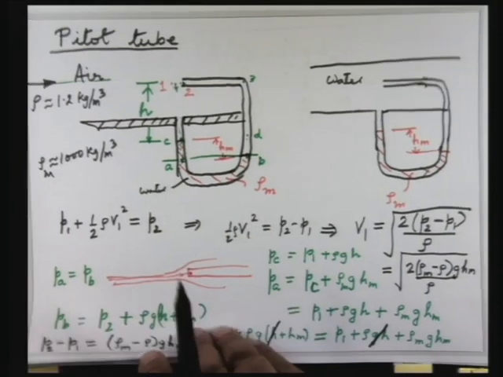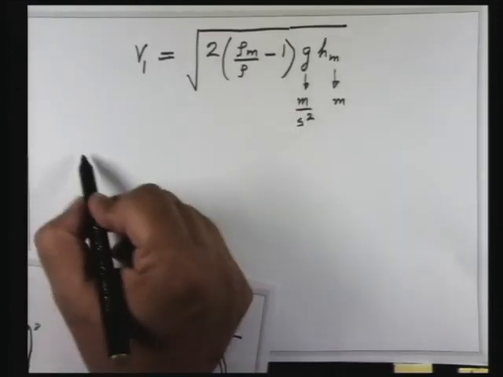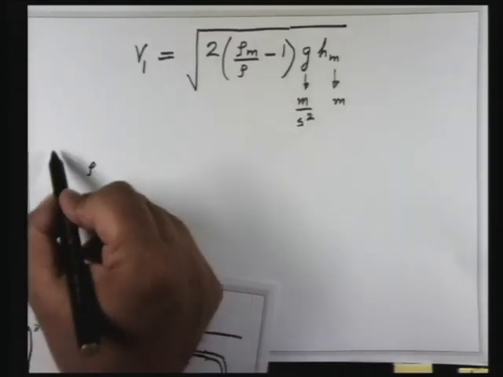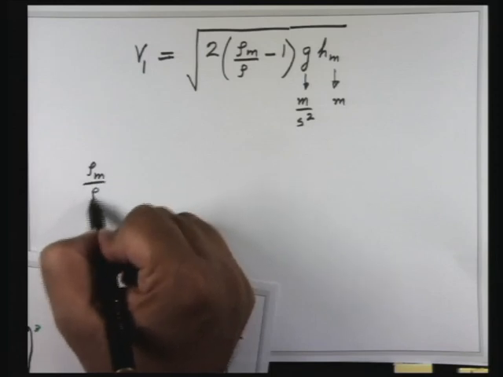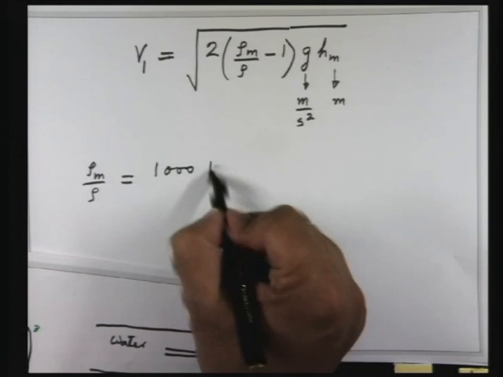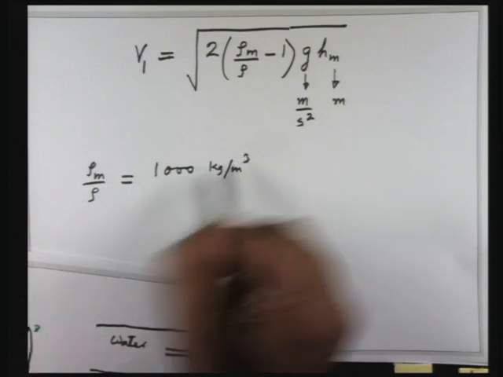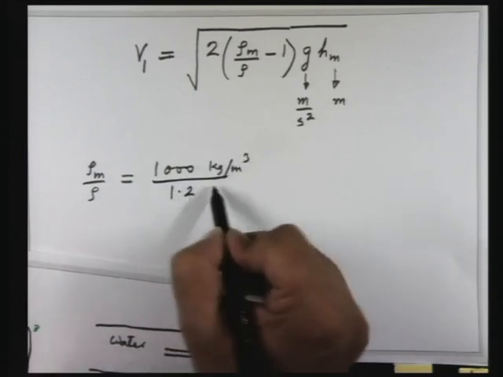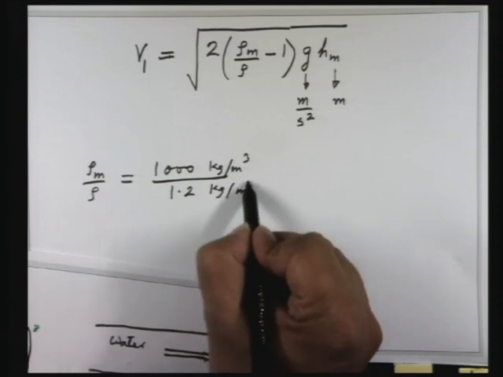Then you look at this ratio, rho m by rho: this will be 1000 kg per meter cube divided by something of order 1, maybe 1.2 kg per meter cube.